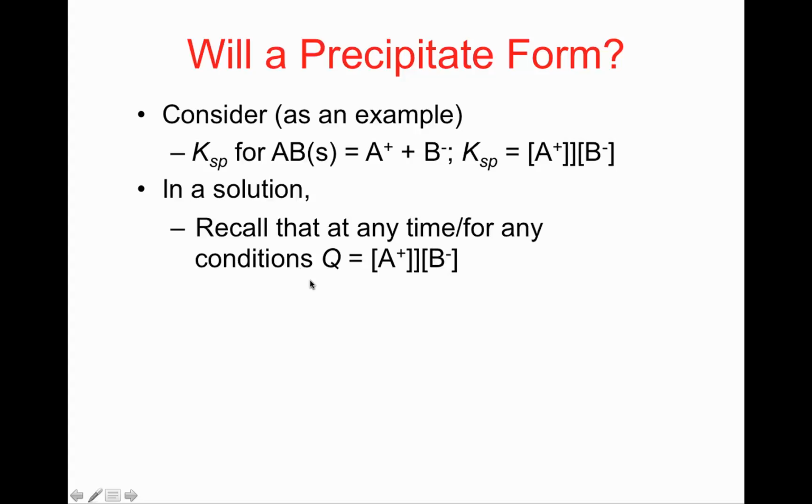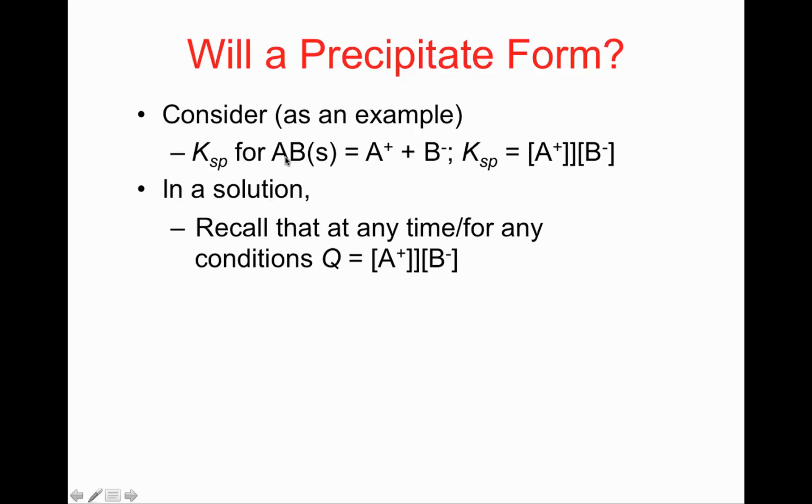So we could say at the instant that I mix my two solutions together, I have a concentration of A plus and a concentration of B minus. Now how does Q compare to Ksp? If Q is too big, what does that mean? That means the reaction has to go to the left because Q has to get smaller, and that means a precipitate will form.